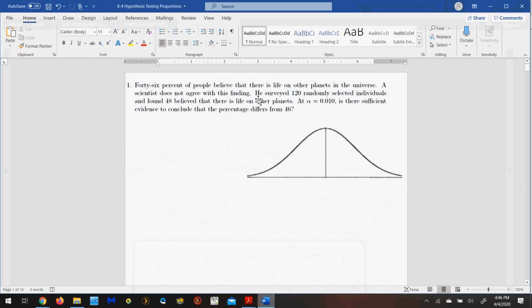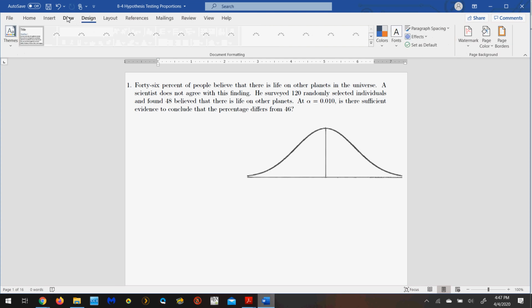Also, I am using the examples PDF. I did update this, so if you already had it printed out, go back and double check all of the questions because I changed a little bit on a couple numbers. So it says we have 46% of people believe that there is life on other planets in the universe.